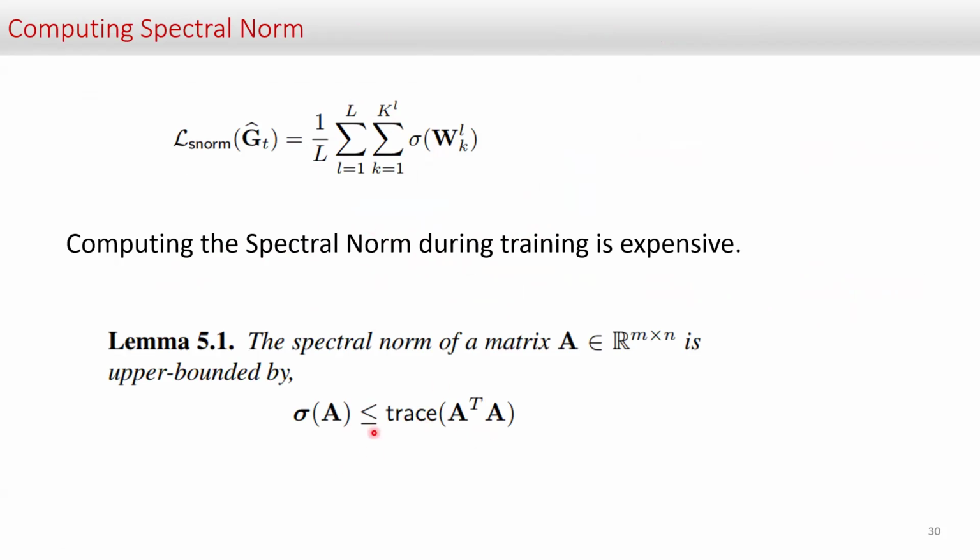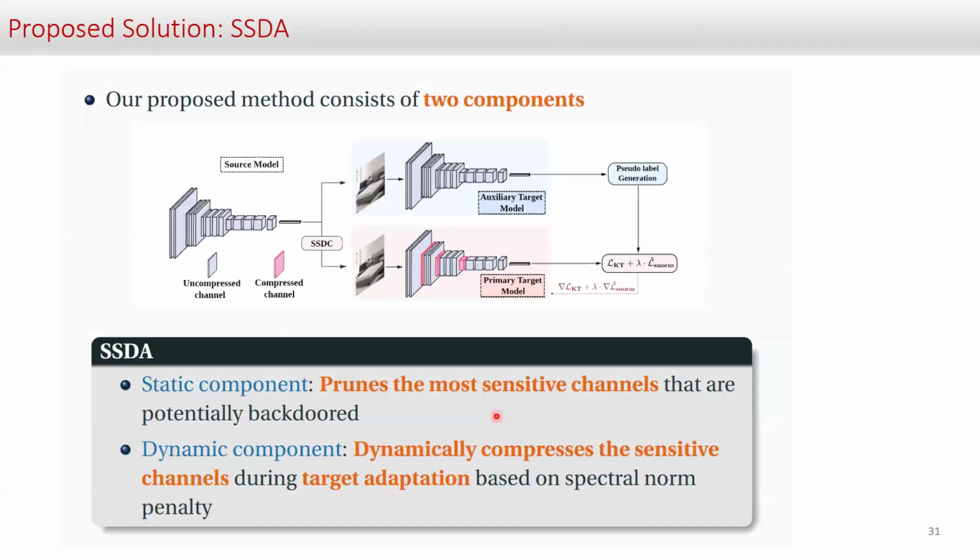That is, the spectral norm of a matrix is upper bounded by the trace of A transpose times A. Hence, we use this upper bound to compute the spectral norm during the training and apply the loss function. After applying the loss function, we expect the channels that we eliminated, hoping to eliminate the backdoors, will remain eliminated as the training process progresses for the target domain.